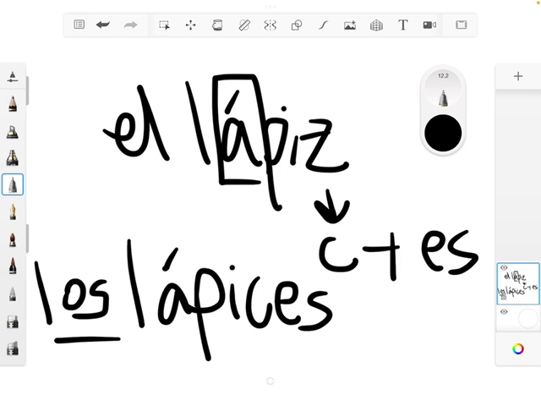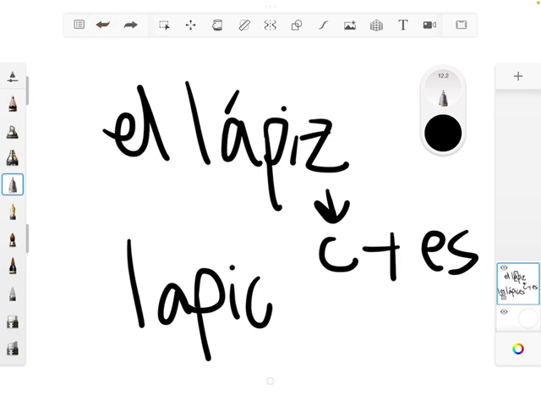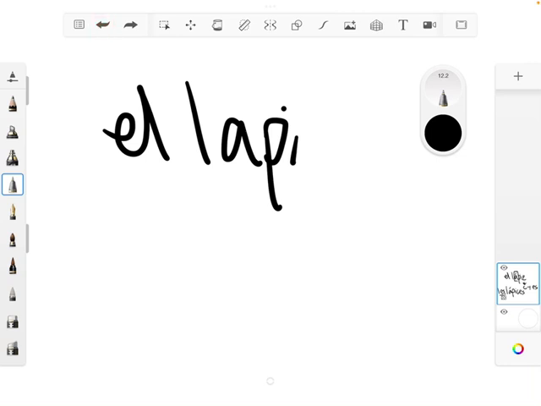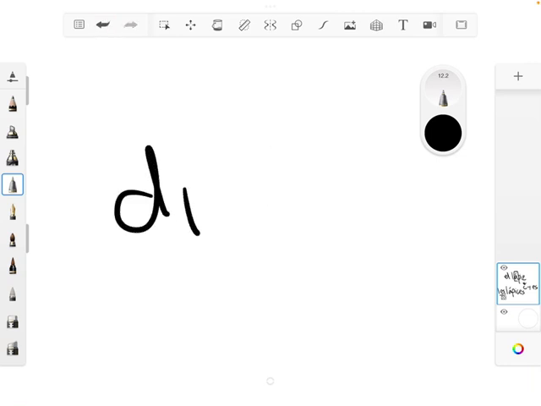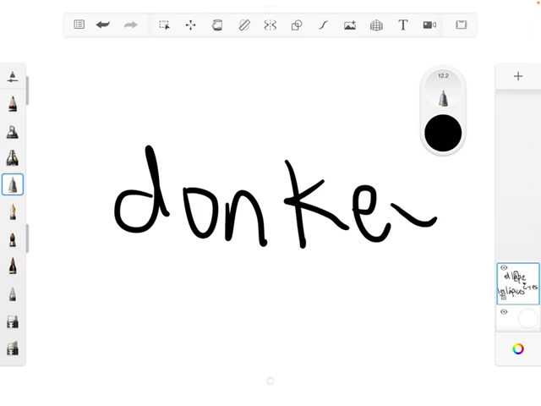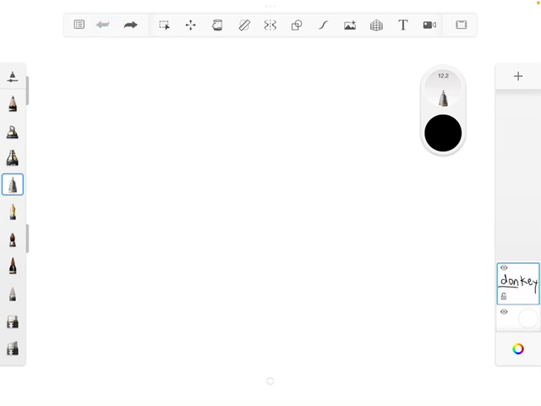So we have normal stresses in language, in our words. For example, I can give you an example in English. There's a word where there's a syllable that you normally stress, right? You're going to say donkey. You're not going to say donkey with the stress on the wrong syllable. So words are generally going to have regular patterns for pronunciation, and in Spanish, we have the same thing.